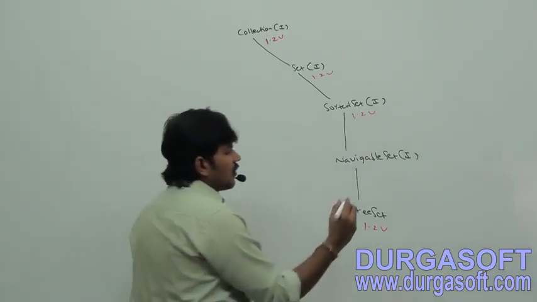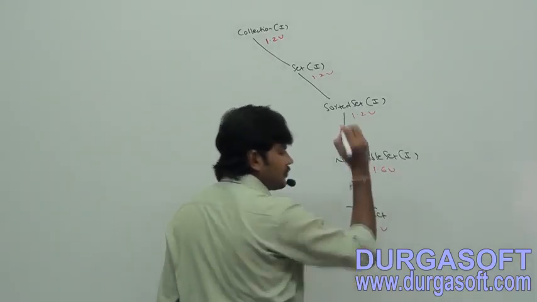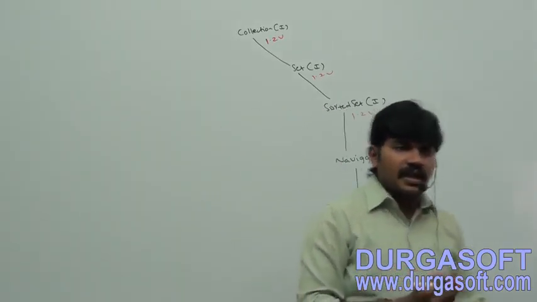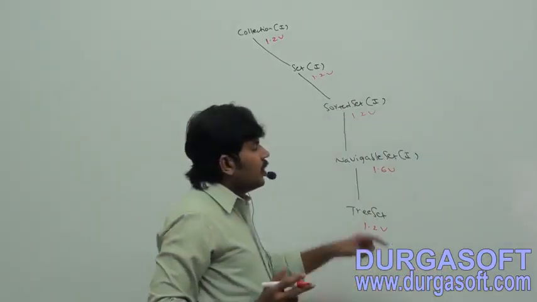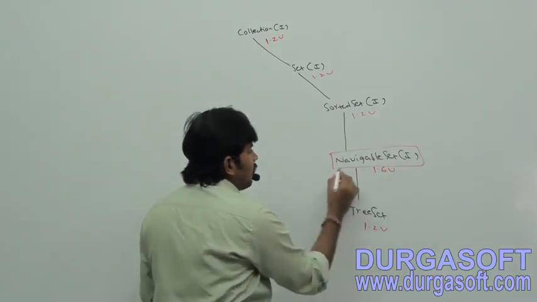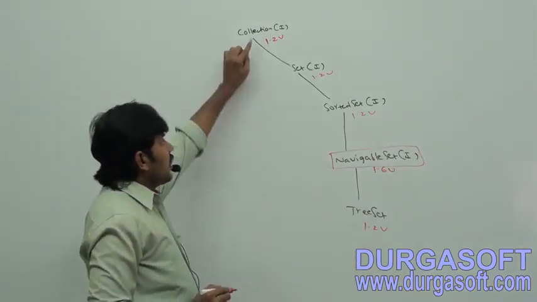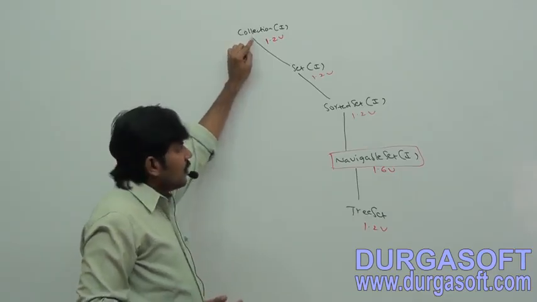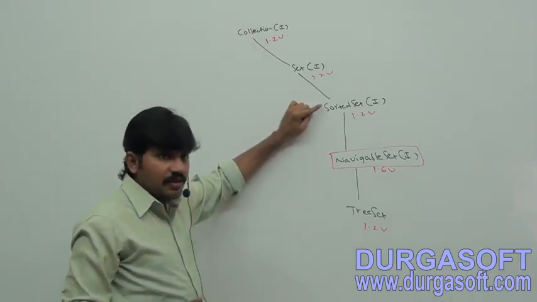Sir, these many things are there. What is the need or the purpose of navigable set? Why did this navigable set come into the picture? Collection contains several methods, and sorted set contains several methods. Do you remember?